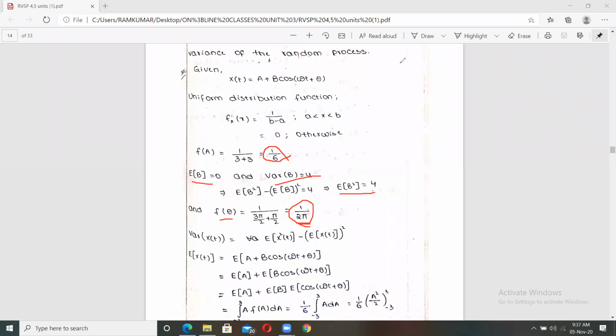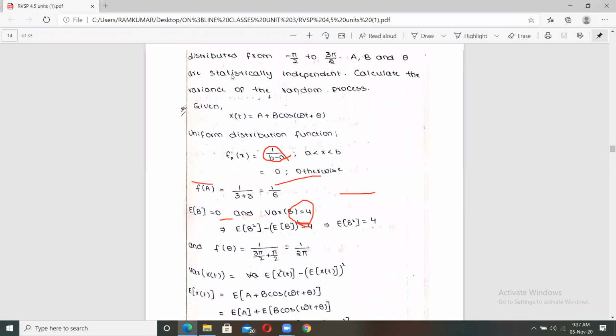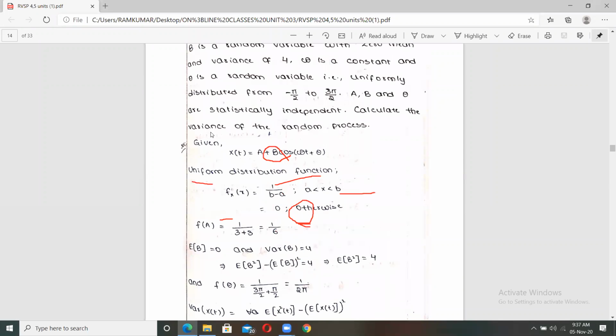Finally, we have to calculate the variance of the random process, that means variance of x of t. What is the formula for variance of x of t?